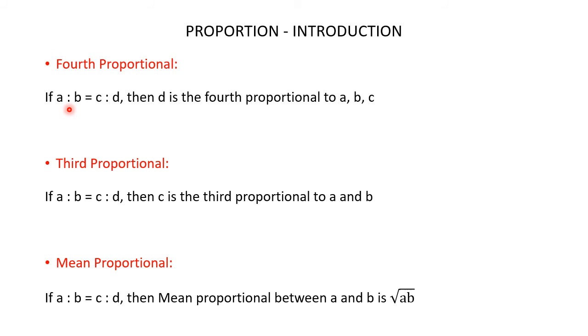If A is to B is equal to C is to D, then D is the fourth proportional to A, B, and C. If A is to B is equal to C is to D, then C is the third proportional to A and B. If A is to B is equal to C is to D, then mean proportional between A and B is square root of AB.